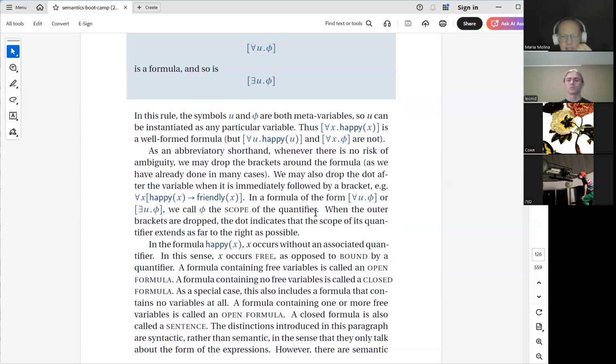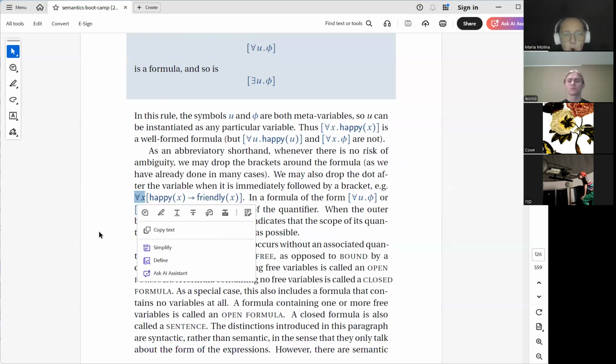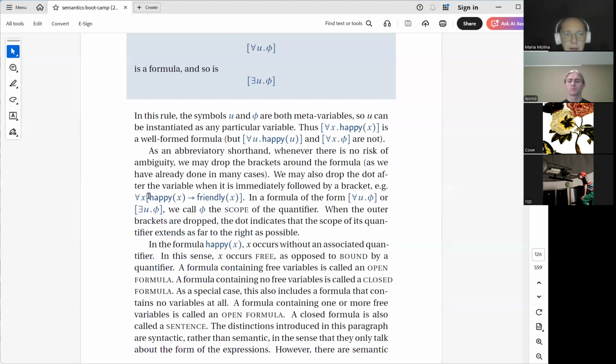Now, there is this rule about the dot. Basically, we write the universal quantifier or existential quantifier, x, dot, and then the formula, the predicate and arguments of the predicate. But this dot can be omitted, dropped. We can just write all x and then the formula.